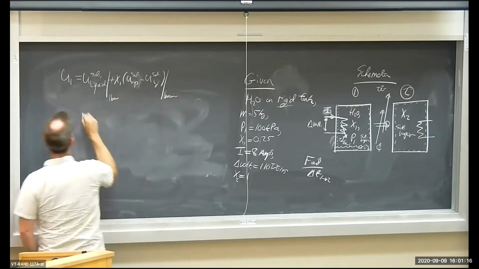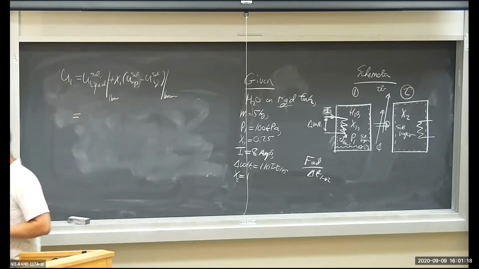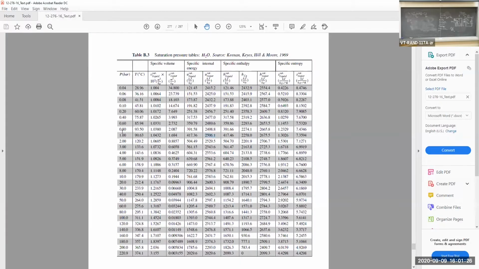Okay, let's look some of these values up. So at 1 bar, the specific internal energy of the saturated liquid is 417 and of the vapor is 2506 kilojoules per kilogram.